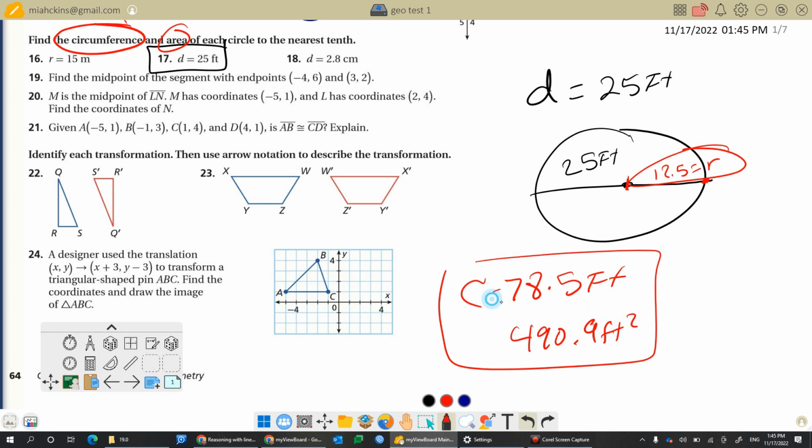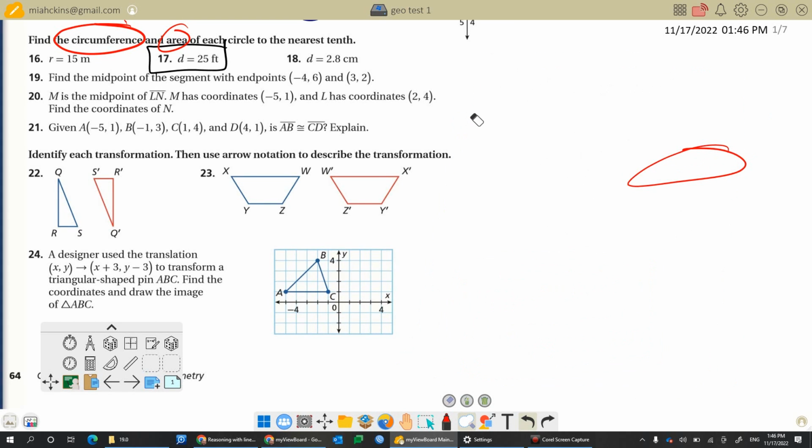So circumference and area, just like we would have done last time. All we had to do on that one is turn diameter into radius by dividing by 2.